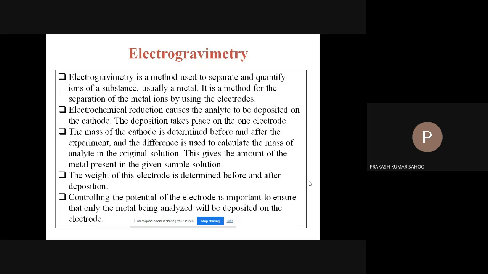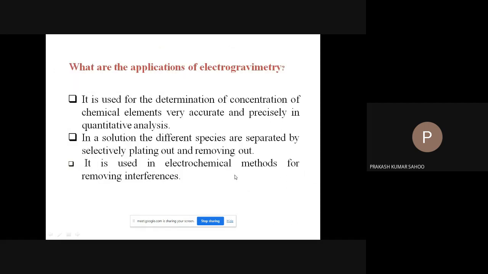By controlling the potential, this is very important. Controlling the potential ensures that only the metal being analyzed will be deposited on the electrode. This controlling of potential is done with the help of a resistor, or through the difference in potential.